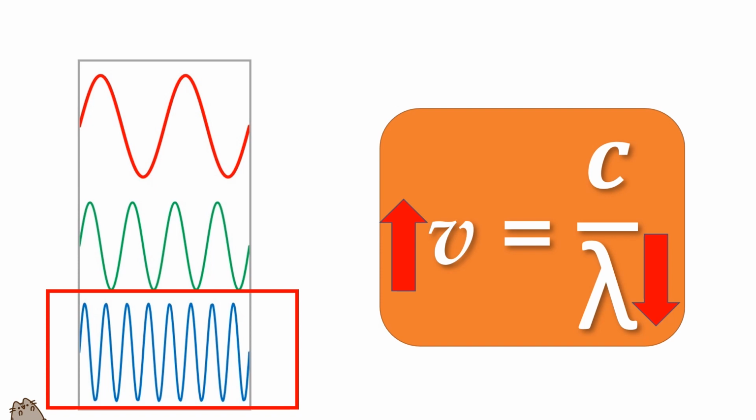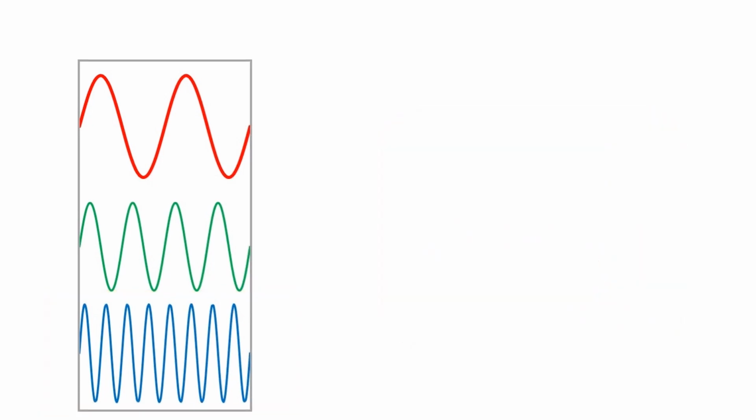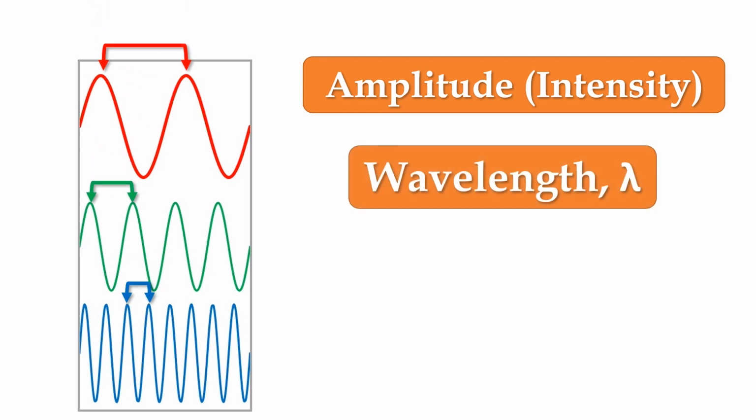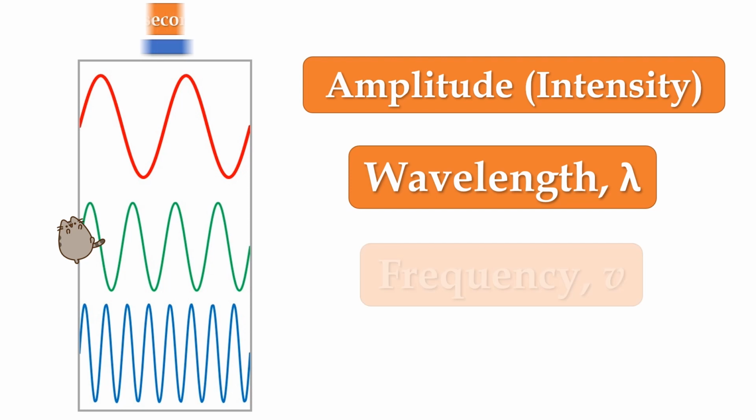Now, let's recap. Electromagnetic waves have a characteristic amplitude, also called the intensity, a wavelength, and a frequency.